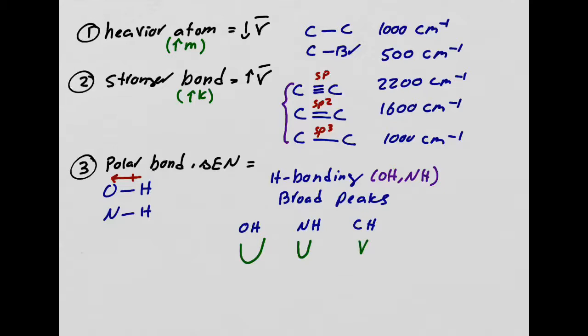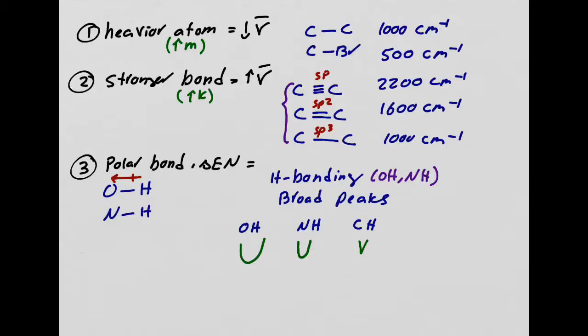So on the IR spectrum, this is the type of peak you see. OH, because OH is very polar, it has hydrogen bonding, the peak is going to be broad. NH, also hydrogen bonding, but less polar than OH because oxygen is more electronegative than nitrogen. So it's still broad, but a little bit less broad than OH.